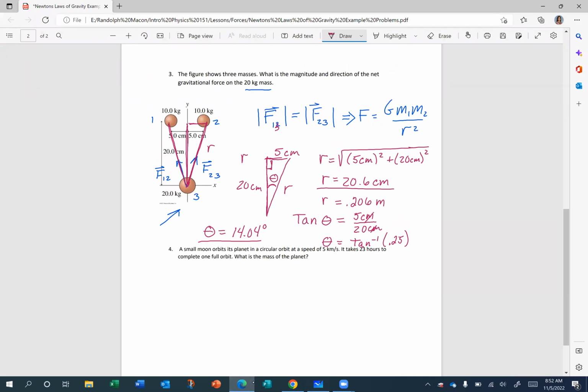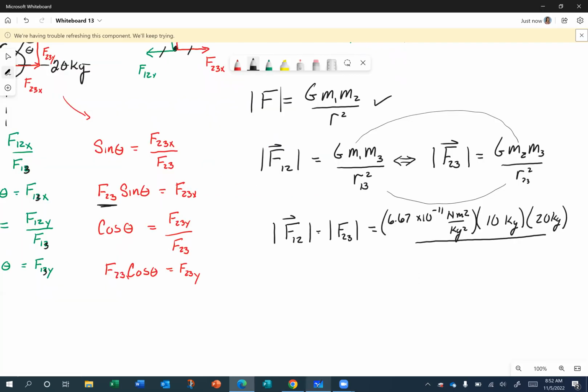It's the straight line distance from center of gravity to center of gravity, which is our R value. We found to be 0.206. So we're going to divide that by 0.206 meters squared. So your meters squared cancel, right? That cancels because you're going to square that as well. Kilograms cancel with each of those.